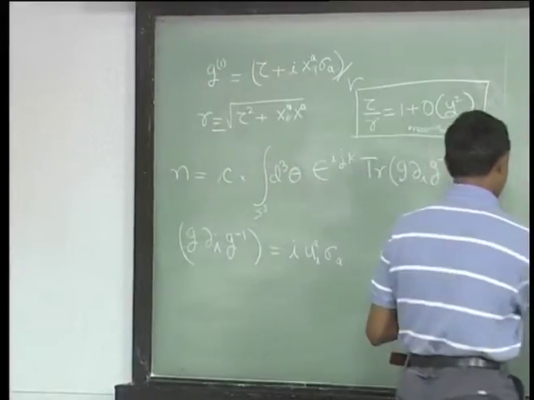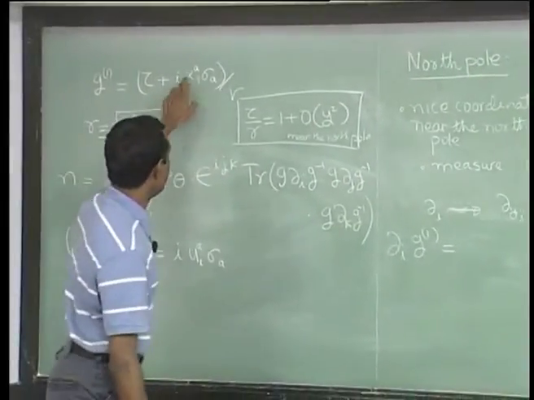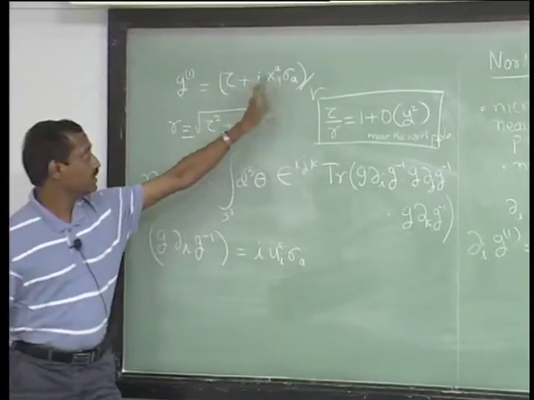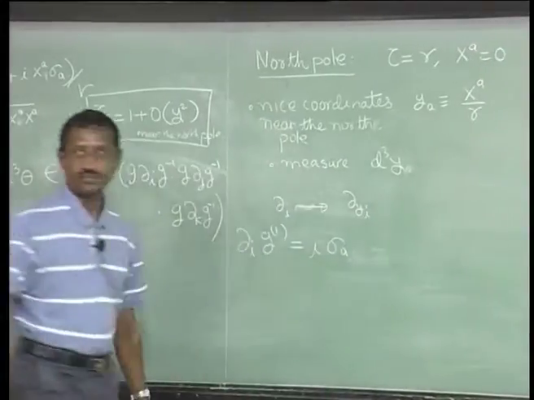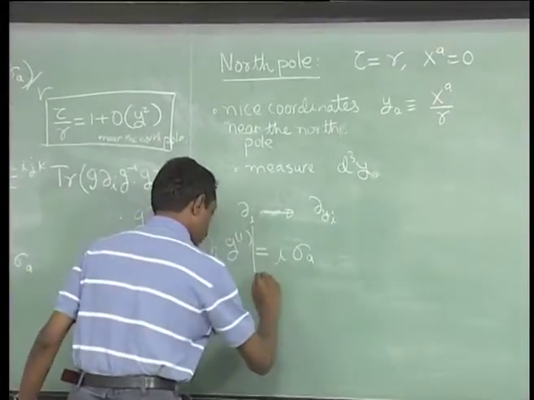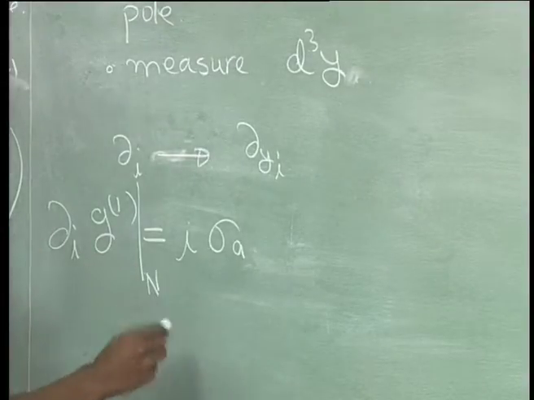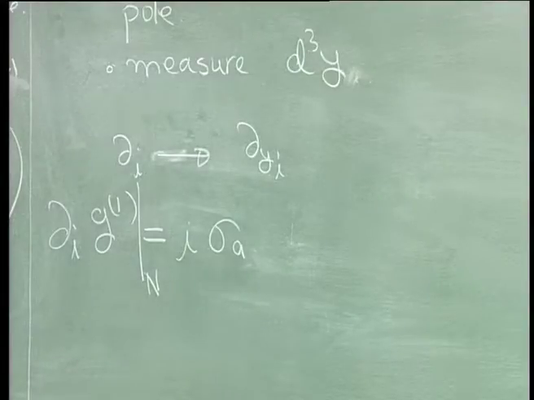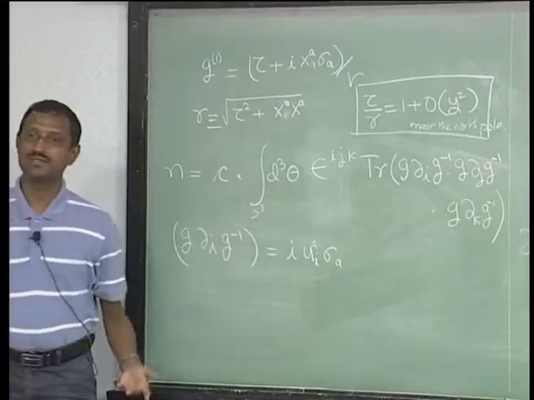So you can see that d_i of g1 is just i y_a, this is x_a by r, is just i sigma_a at the north pole. Okay. And we want to get g inverse, so it is not hard to see that the inverse of that will come with a minus sign.